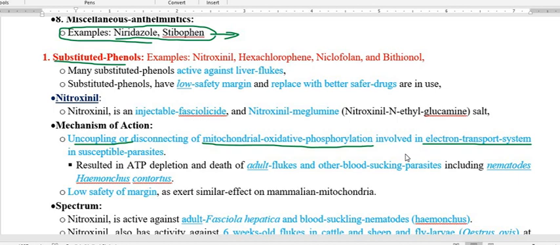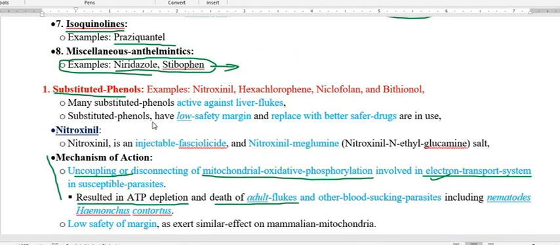So when oxidative phosphorylation is uncoupled, this interferes with the electron transport system. Therefore, it will lead to deficiency of ATP generation. When there is a lack of ATP, it will lead to the death of the flukes. So this is the mechanism of action for both substituted phenols as well as the drugs under the salicylanides.